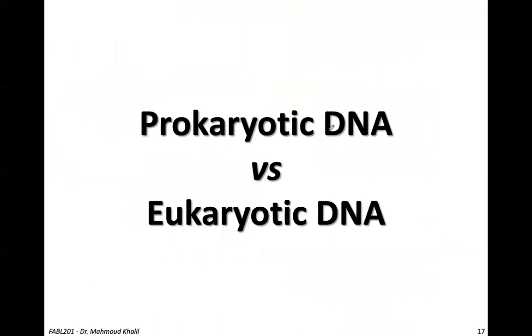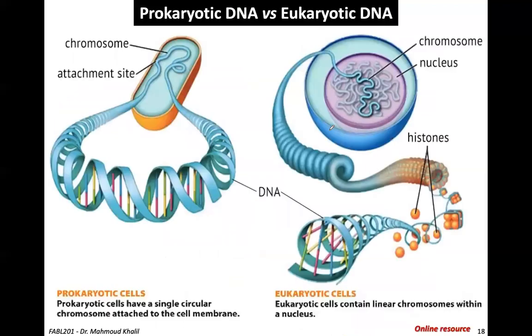So in the final section of our lecture today, we'll understand the difference between the prokaryotic DNA and eukaryotic DNA. Generally, you need to understand that the prokaryotic DNA is totally different than the eukaryotic, and the DNA in the eukaryote is of course confined around the nucleus, and there is no nucleus in the prokaryotes.